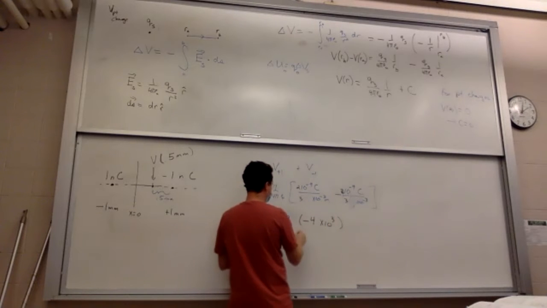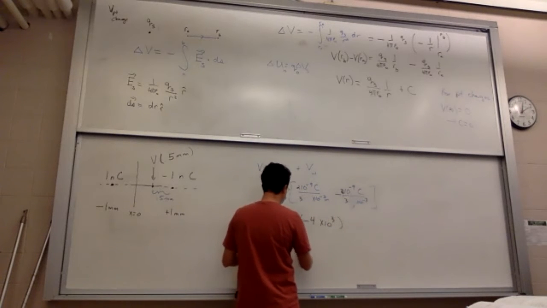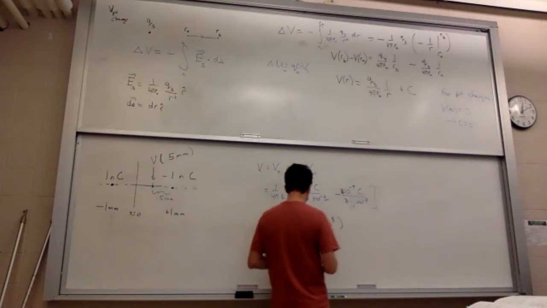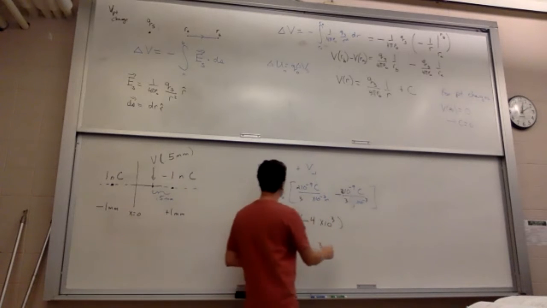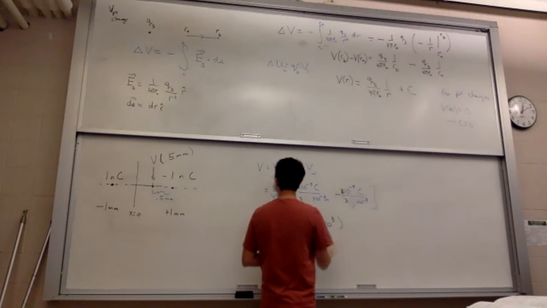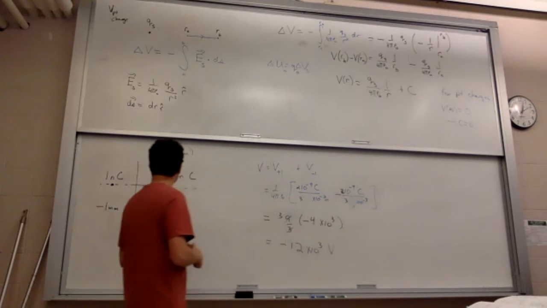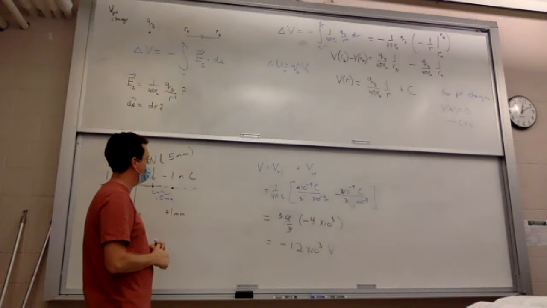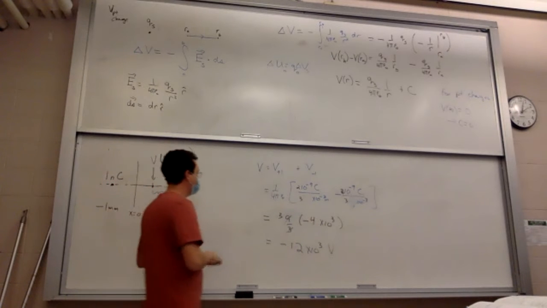So I'm going to get negative 12 times 10 to the third, negative 12,000 volts. Negative 1.19 times 10 to the 4. Yeah, all right.